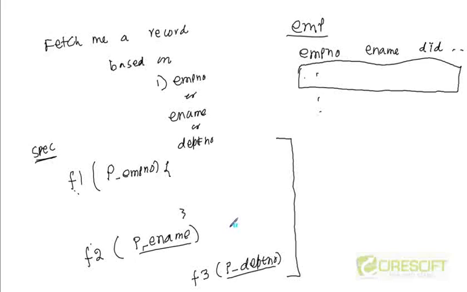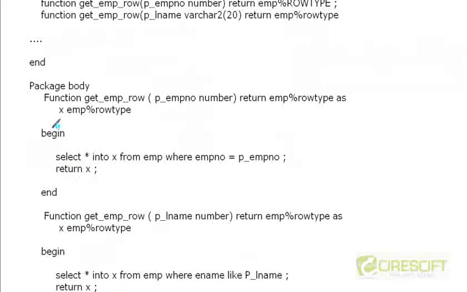So instead of having three different names, why can't we have one name, and pass different types of parameter? In one case we are sending an ID number, in another case a varchar. So instead of f1, f2, f3, here is an example.